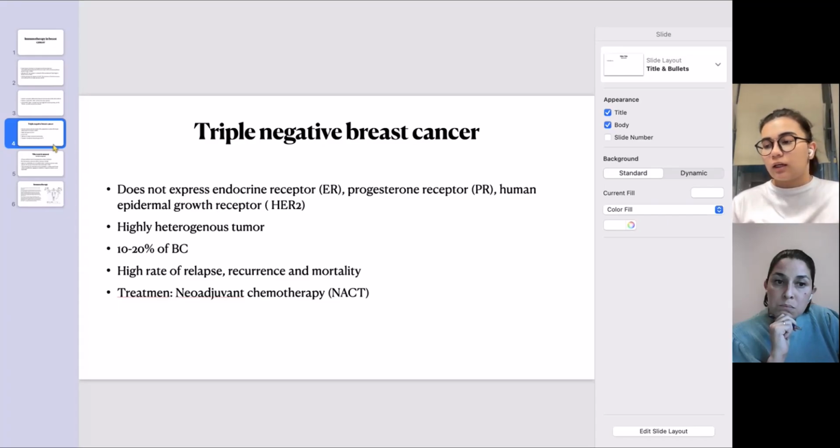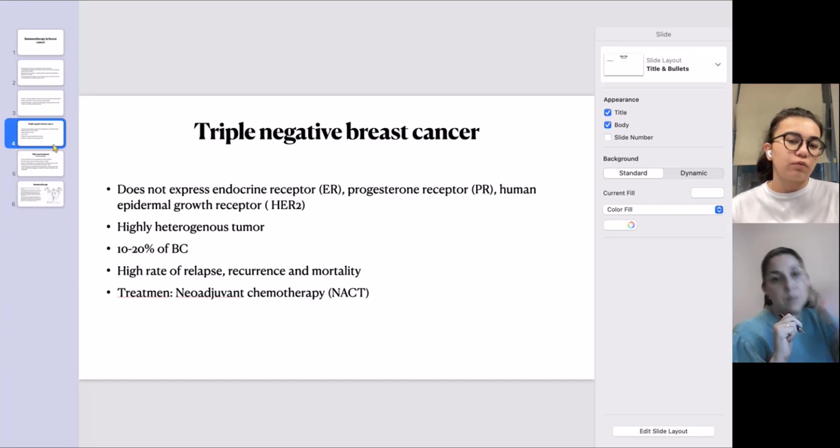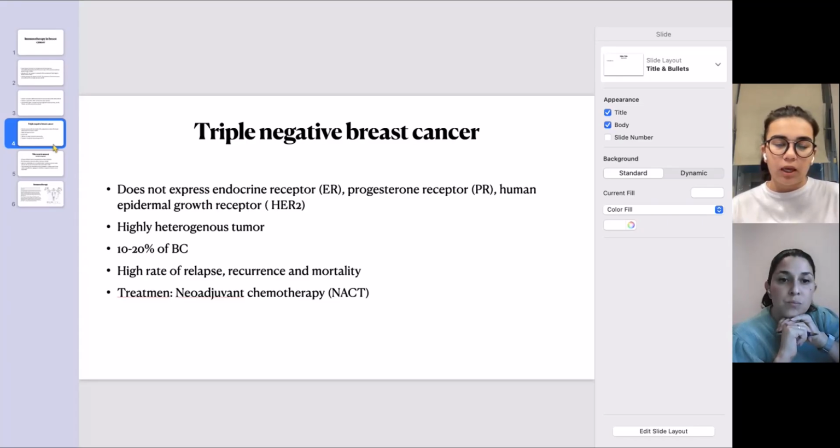It is a different type of breast cancer, and it is a highly heterogeneous tumor and constitutes from 10 to 20% of breast carcinomas, and it has a high rate of relapse, recurrence, and mortality.